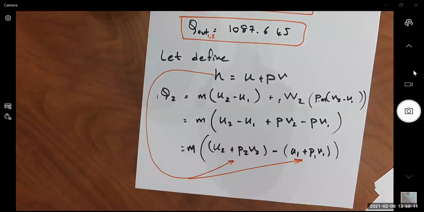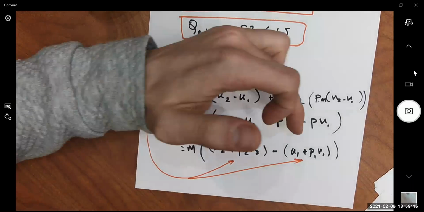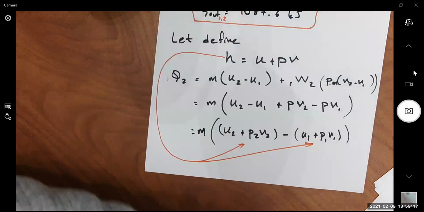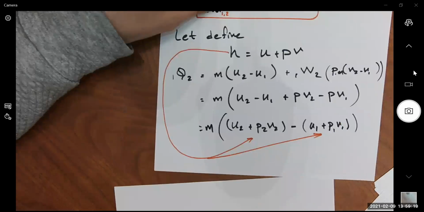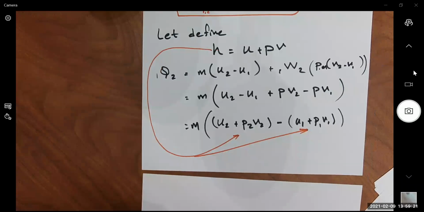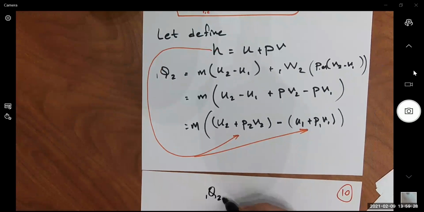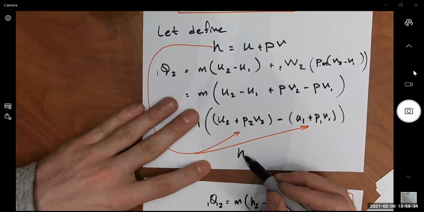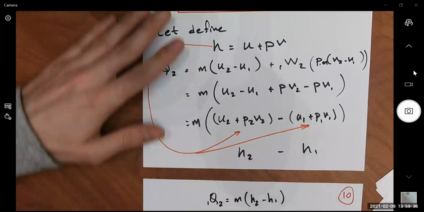The definition of enthalpy is H equals U plus PV. So Q will be M times H2 minus H1. This is H2, this is H1.